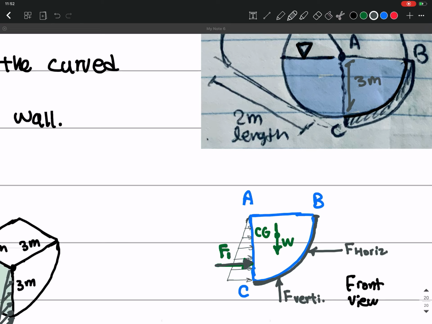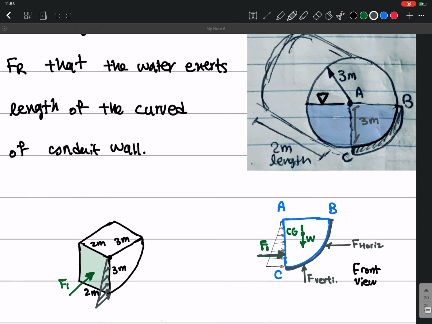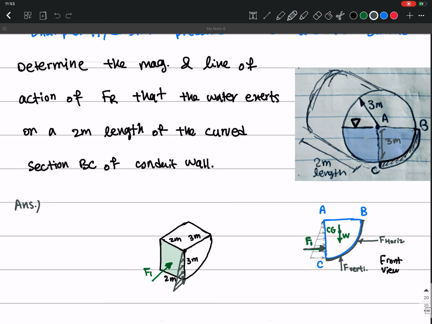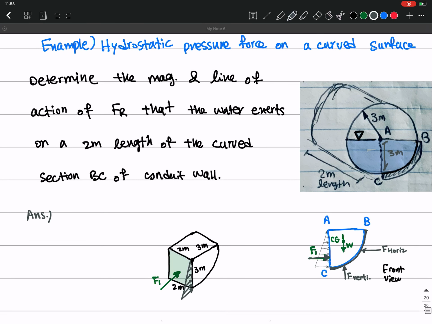If you consider this, then you can simply draw a free body diagram where you can calculate it for these curved surfaces. So this is something you need to know, and this is a technique that we use for analyzing these free body diagrams in curved surfaces.